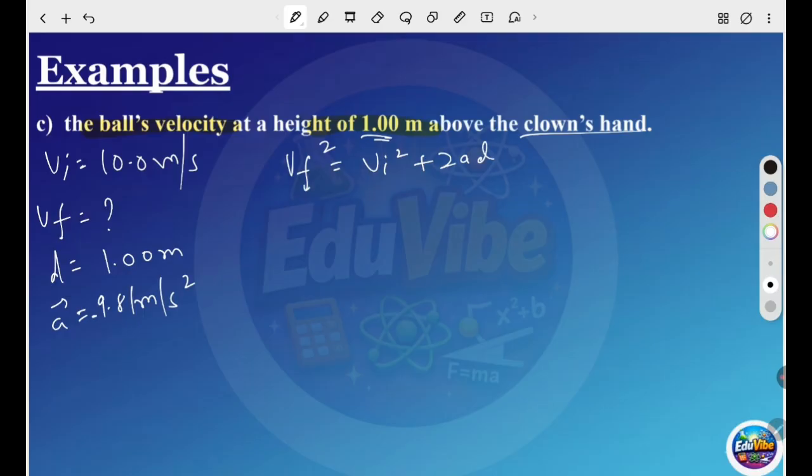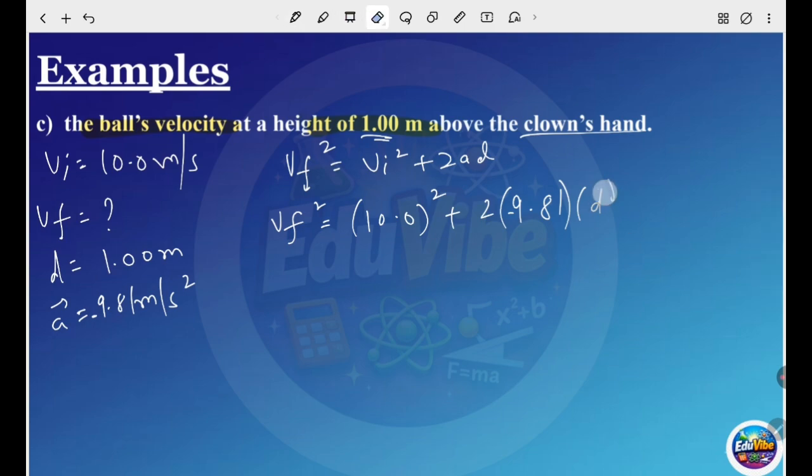So vf square is equal to 10.0 square plus 2 times minus 9.81 times d, which is 1.00.